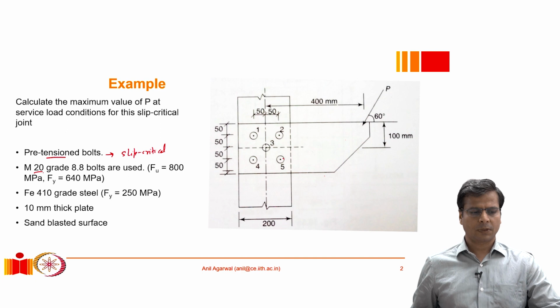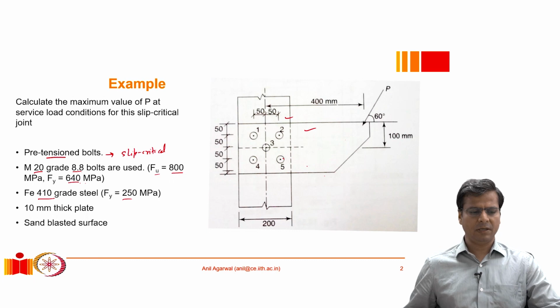These are M20 bolts. So M20 bolts means the diameter is 20 millimeters, radius is 10 millimeters, grade 8.8. That means Fu, ultimate stress, is 800 MPa, and Fy is also given, which may not be immediately required. The steel that this column and the bracket are made of is Fe 410 grade steel, which means that it has a yield stress of 250 MPa and an ultimate stress of 410 MPa.